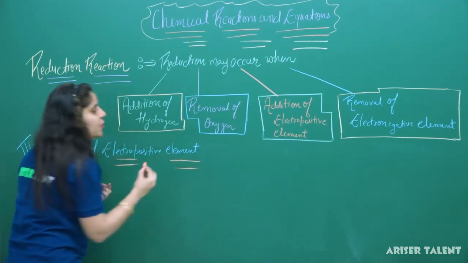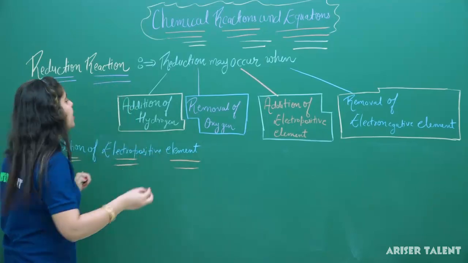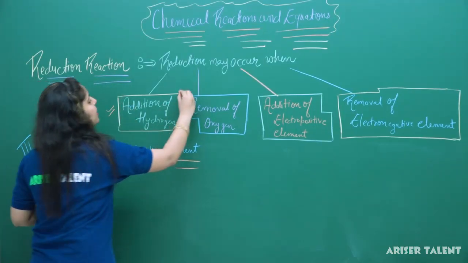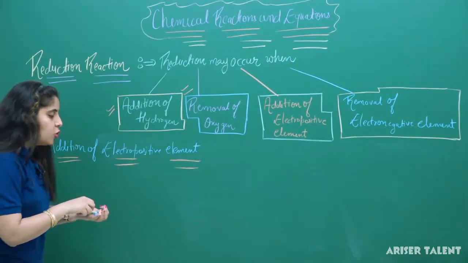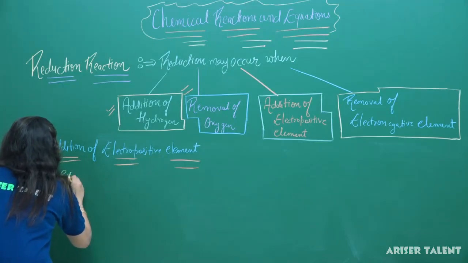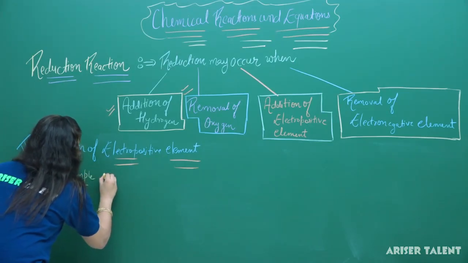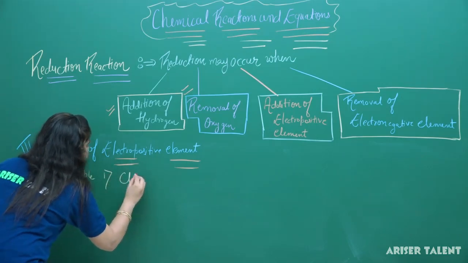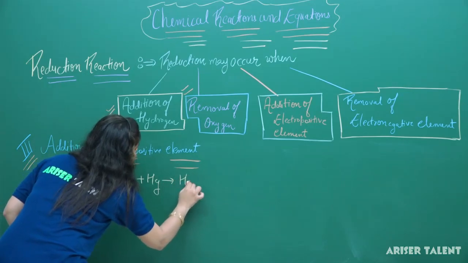When addition of electropositive element is done, we can consider it in the category of reduction. We have dealt with these two topics. Now we are on our third category, addition of the electropositive element. So what happens in the case of an electropositive element? An electropositive element is added to the compound. If I consider the example Cl2 and I add Hg to it, I will get HgCl2.